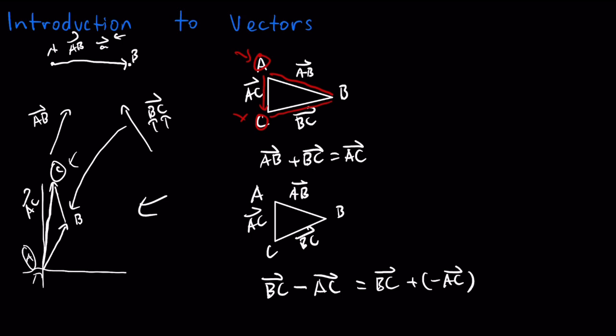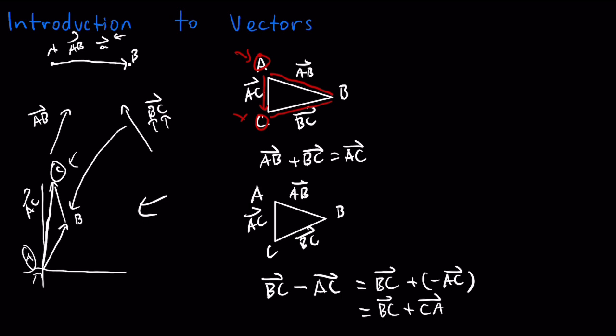And what does negative AC actually represent? Well, when we multiply a vector by -1, we're simply reversing the direction, but keeping the magnitude the same. So the opposite direction of going from A to C would be going from C to A. So negative AC is simply equal to positive CA. So this can be rewritten as BC plus CA, because CA is the opposite direction of AC.